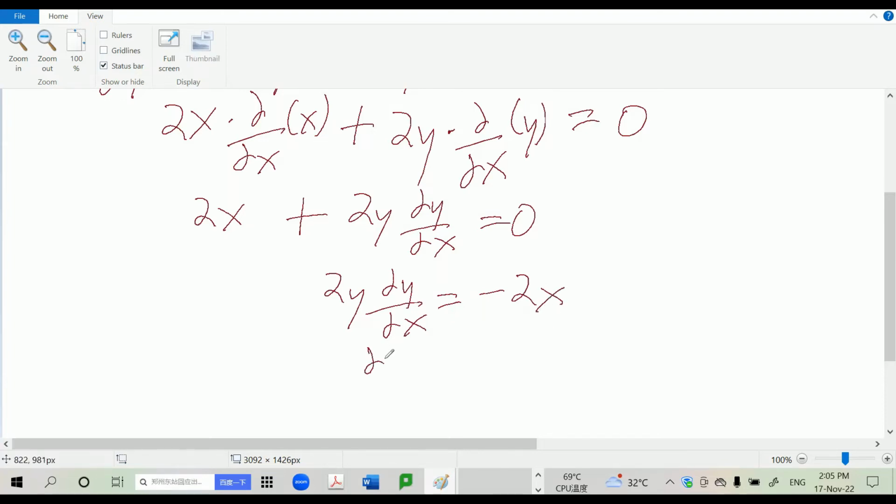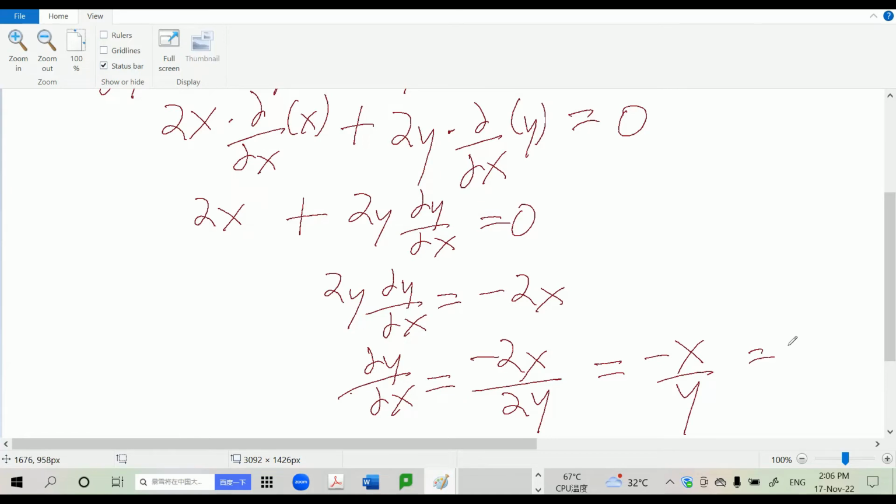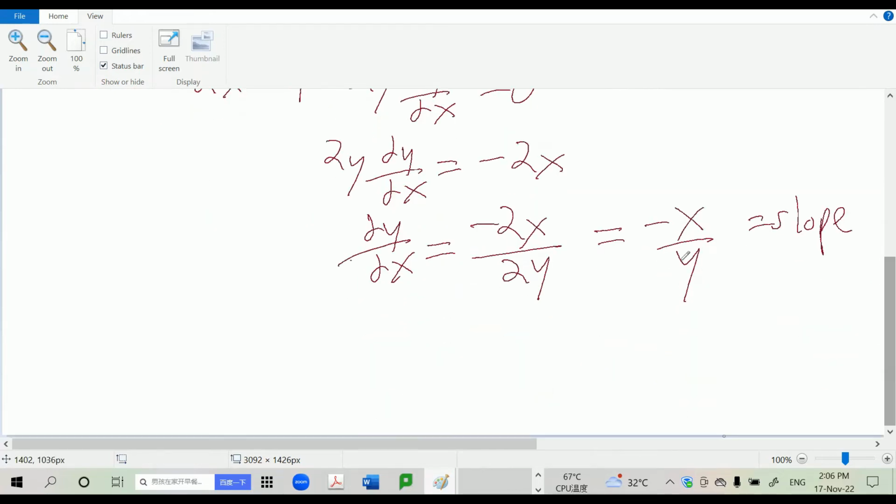That means dy over dx will simply be negative 2x divided by 2y, which is just negative x over y. So this is my slope. Okay? That is it. That's the slope of the tangent line that would hit the circle at some point. Now, let's visualize what this will look like.